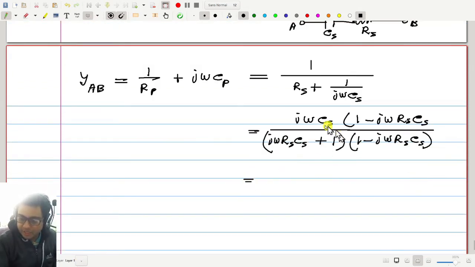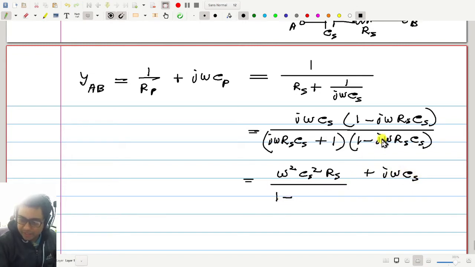So the numerator becomes omega square CS square RS, and the second term is plus j omega CS, divided by 1 plus omega square RS square CS square, and the same thing here, 1 plus omega square RS square CS square.